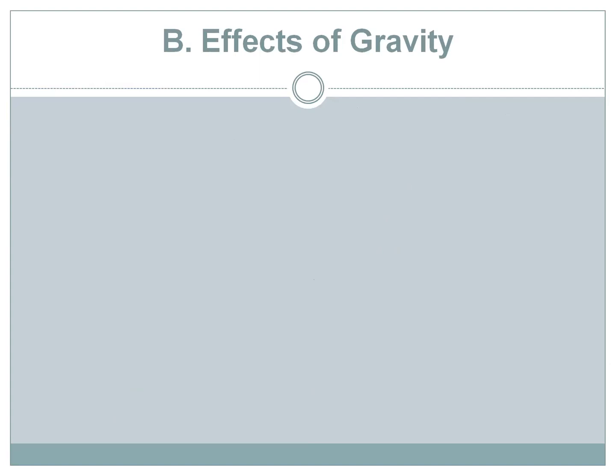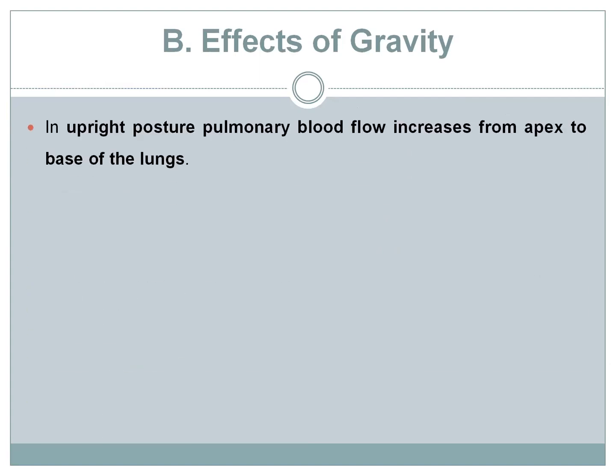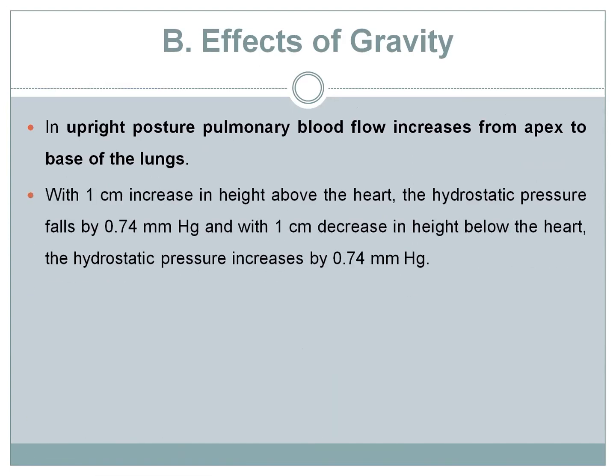The second point is gravity. In upright posture, the pulmonary blood flow increases from apex to base of the lungs, as we have already discussed. So with 1 centimeter increase in height above the heart, the hydrostatic pressure falls by 0.74. And with 1 centimeter decrease in height below the heart, the pressure increases by 0.74.